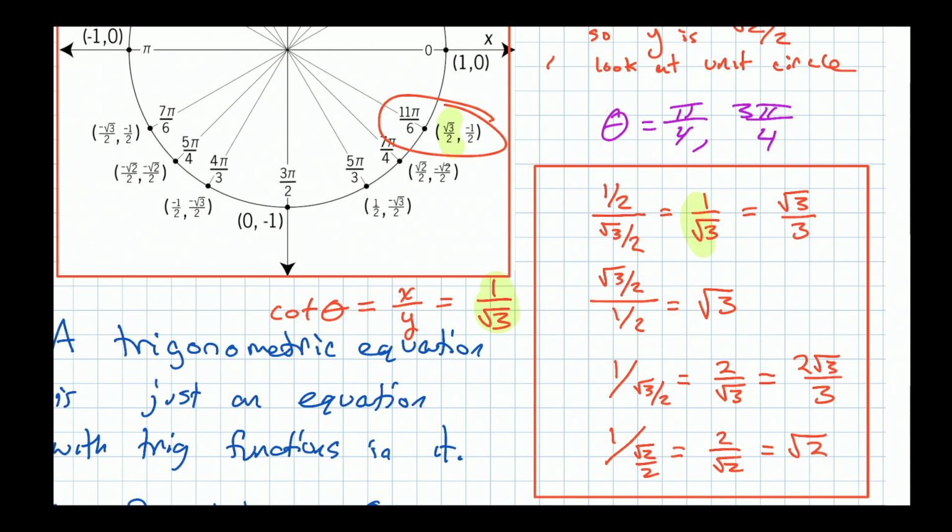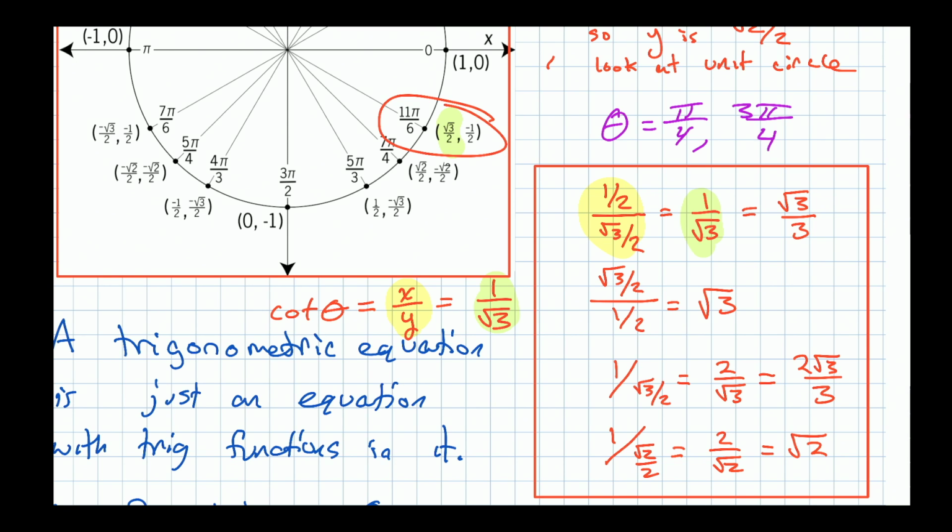Where 1 over square root of 3 is right here, right? And that's why I put this here, because you can say, okay, well, if I get 1 over square root of 3 there, then the x over y right here should be 1/2 over square root 3 over 2, right?